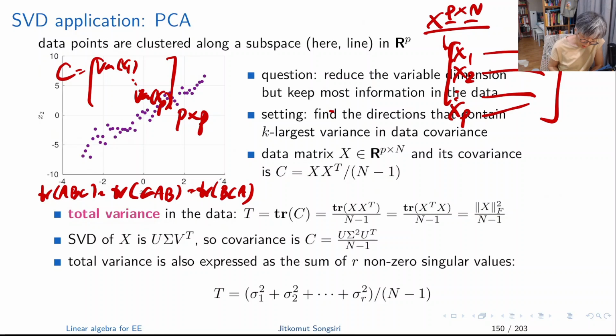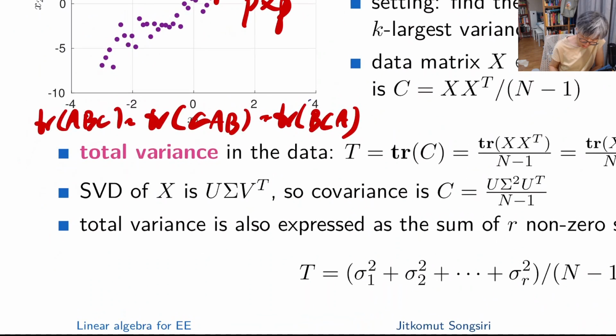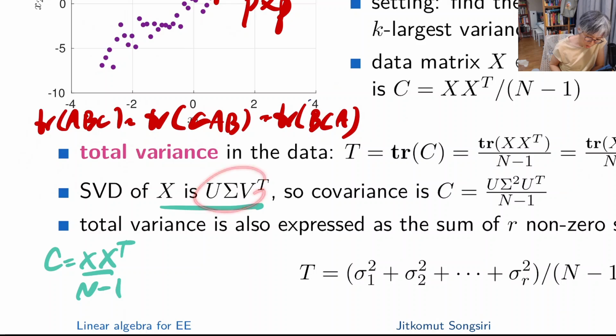So let's take a look at the connection between the total variance and the singular values. It will be no surprise: if you perform SVD on the data matrix, then C, which is X X transpose divided by N minus 1, you substitute U sigma V transpose in this, and then you get this matrix.